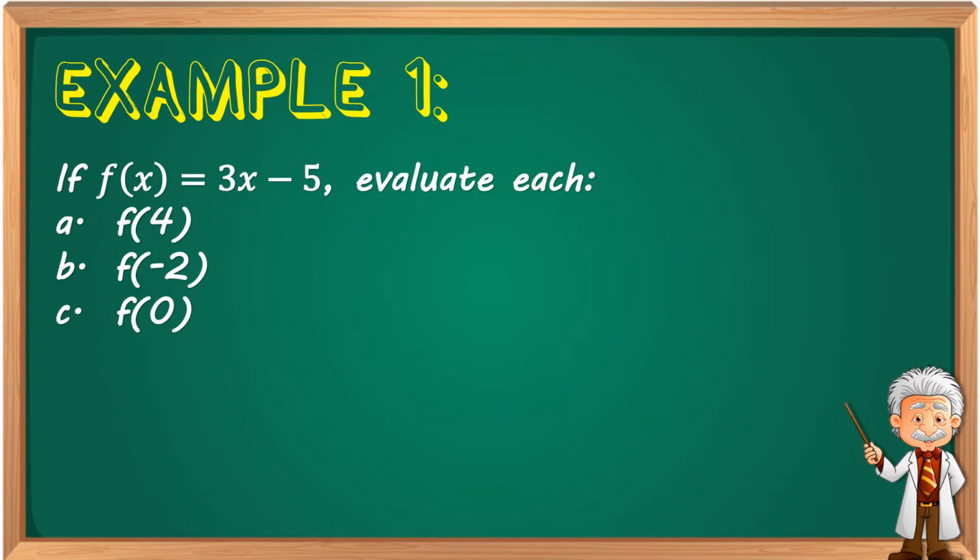Ibig sabihin, yung 4, negative 2, at 0, lahat yon part ng domain ng function na f of x is equal to 3x minus 5. And if we're going to evaluate it, kunwari, letter A, isa-substitute natin yung 4 sa lahat ng x sa function. And then, we're just going to manipulate the function to have the result.